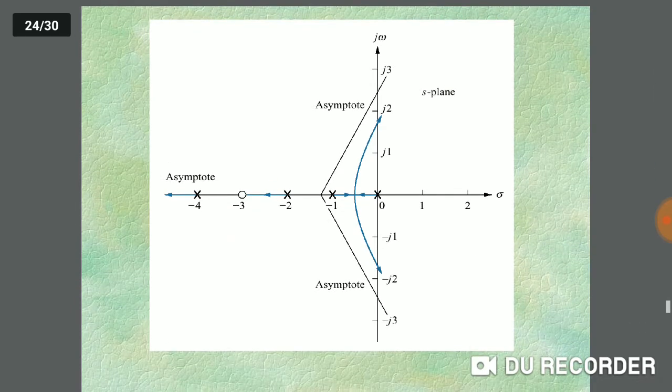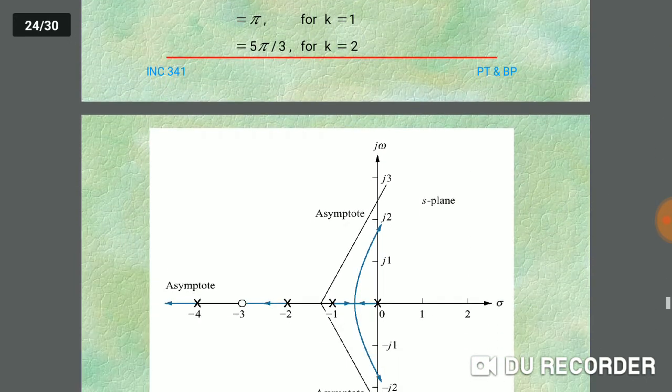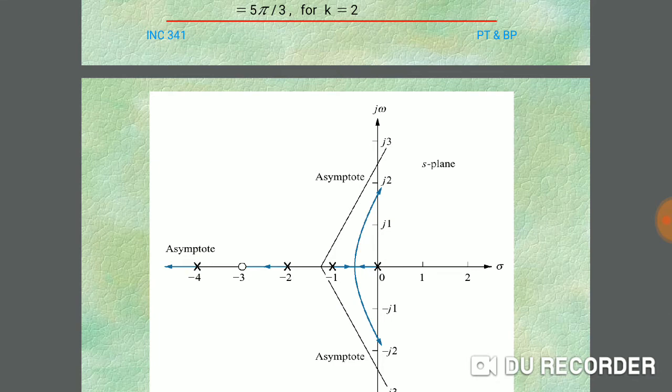This is the first part of the diagram. Here, as the root locus, we got the portions between 0 to -1 and -2 to -3, and the asymptotes are another one at -4 above. Then you have to calculate the sigma. We have calculated sigma as -4 divided by 3. Here is the calculation for that.